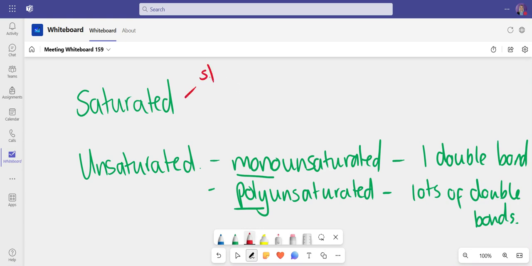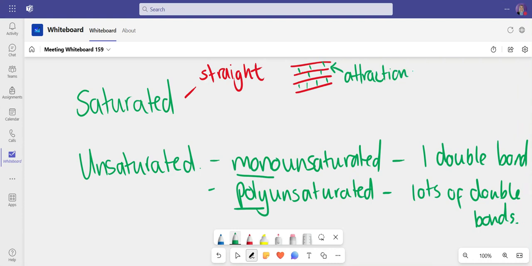So the saturated ones form straight chains. This means that they can line up against each other. So if I was to draw them, they're basically straight molecules, and I can pack them really close together. Now what then happens is that they form attractions between the chains, which provide some strength.